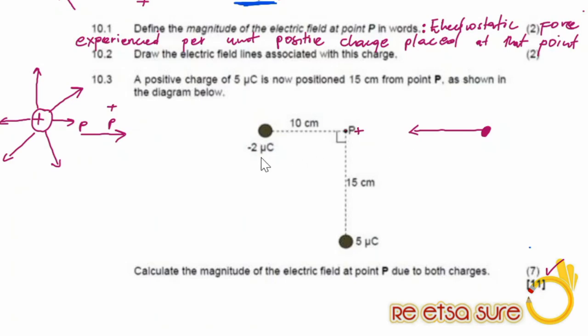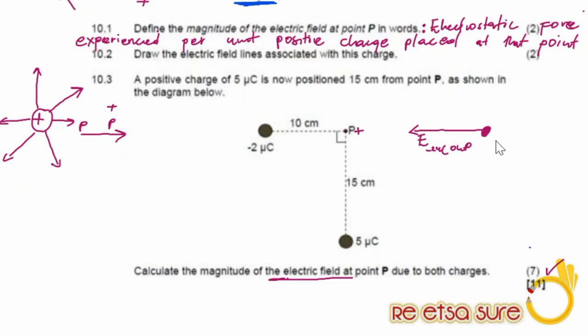Because the negative charge is going to pull the positive charge of P. So we say that this one is E, because we are looking for the electric field. So this one is E, negative 2 microcoulomb on P. This is the electric field of negative 2 microcoulomb on P.